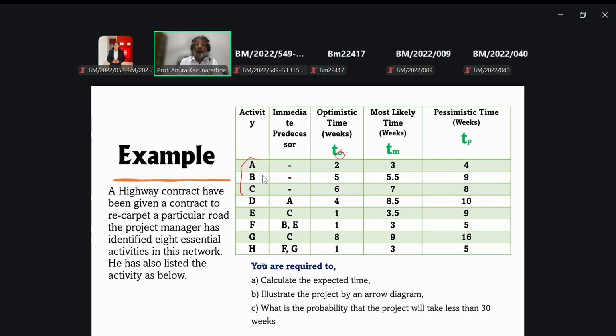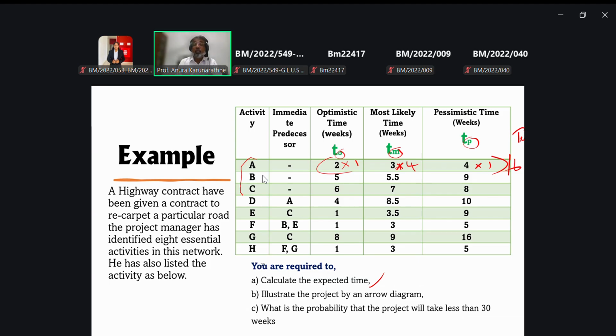We have the optimistic time, the most likely time and the pessimistic time. How to convert this into expected time? You multiply this by 1, this one also by 1, but the middle one, the most likely one, you multiply by 4, then divide by 6 to get the expected time E.